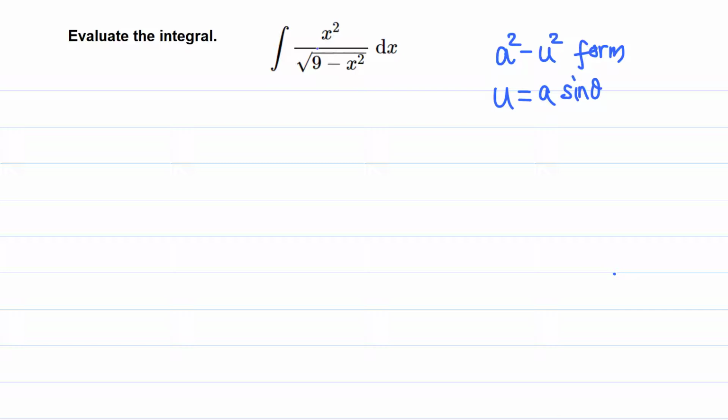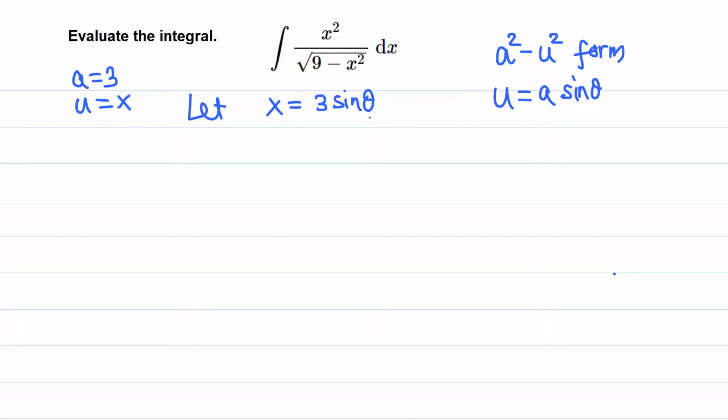In this case, a squared is 3 squared, so a is 3 and u is simply x. Then we let x be a sine theta, which means 3 sine theta. Now we need to convert everything in terms of the new variable theta.